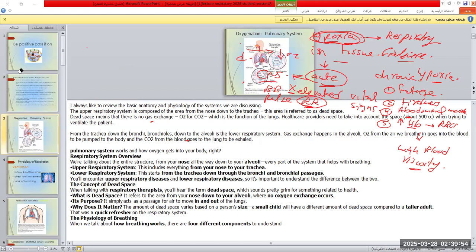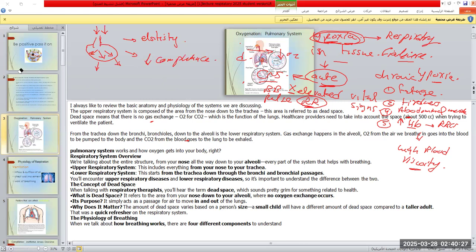Yeah, that's right. Also, the important complication is that the lungs are going to lose their elasticity, because we may give them forced pressure more than they need. This will expand the alveoli more than needed, so they may lose their elasticity, and this will decrease our compliance.